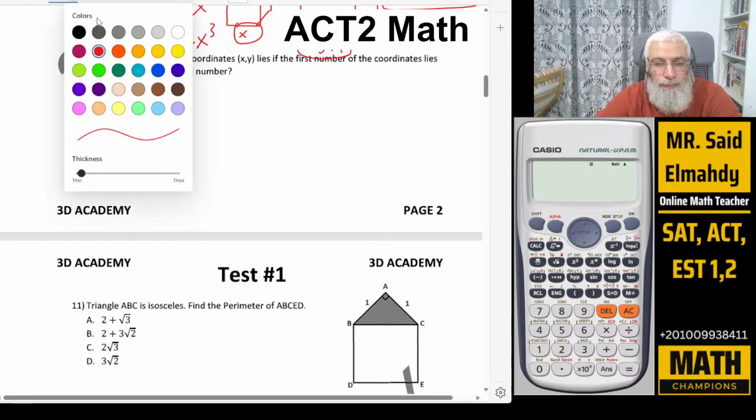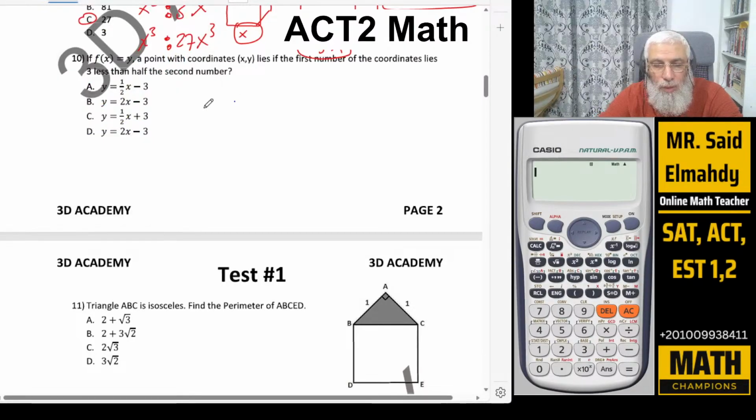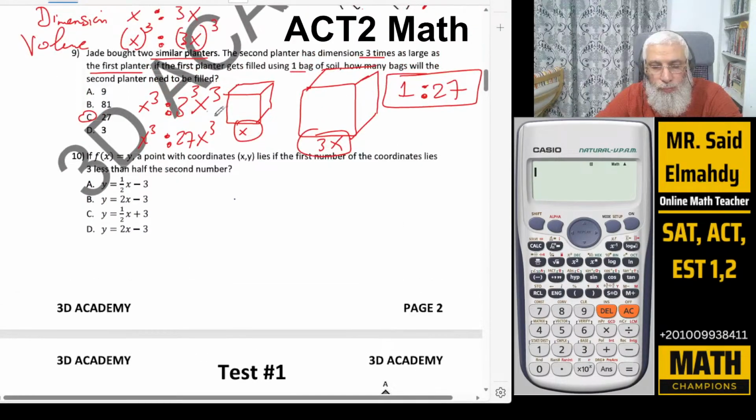Question number 10. If f(x) equals y, a point with coordinates x, y lies in the first quadrant. The first number of the coordinates, x, lies 3 less than the second number, y minus 3.